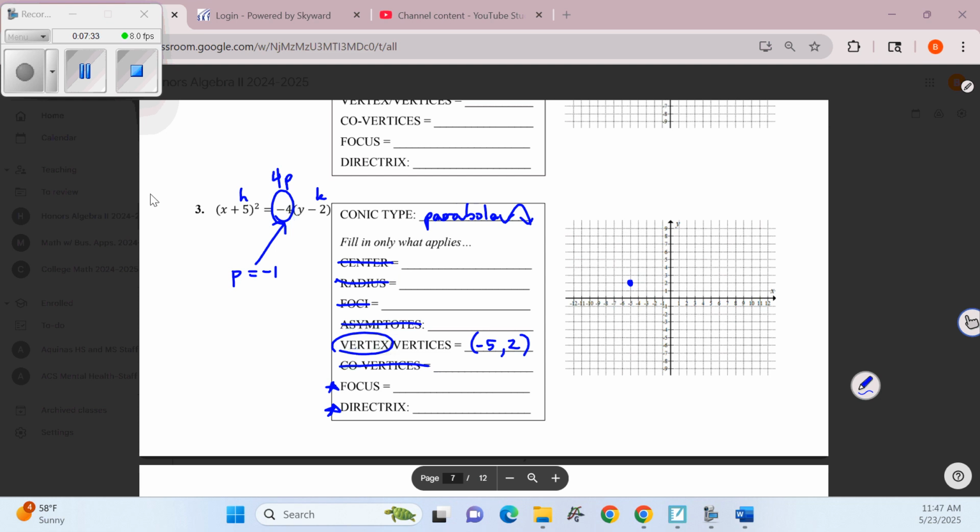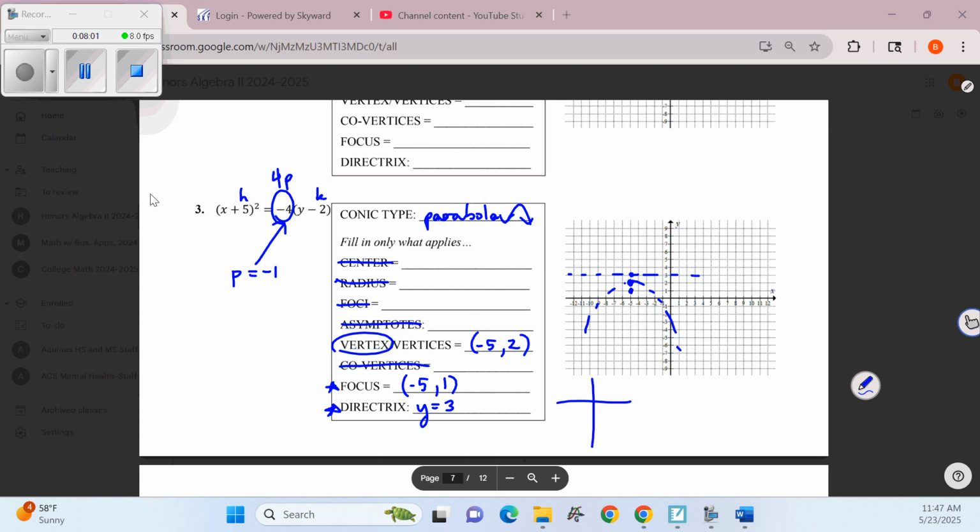So p is negative 1, which means from our vertex point, we're going to go down 1 and up 1 would be that directrix. And so we're expecting a parabola that looks something like this. To figure out how narrow or wide this parabola is, we'll have to test a point. So we can quickly fill in our directrix, which would be the line y equals 3. Our focus would be the point negative 5, 1.